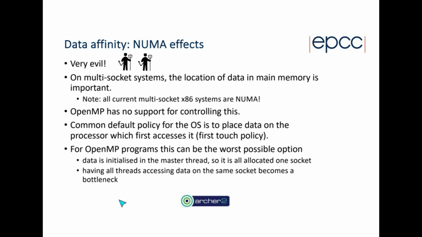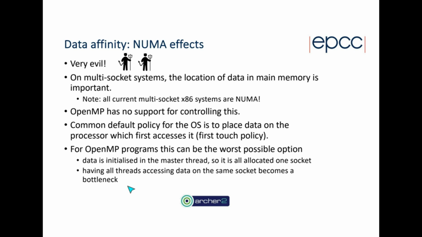Okay, it gets worse, and this is NUMA effects. So far we've really been thinking about data affinity with respect to caches, but on multi-socket systems or modern processors like the AMD ROMs, which are in ARCHER2, we have multiple memory domains per chip.